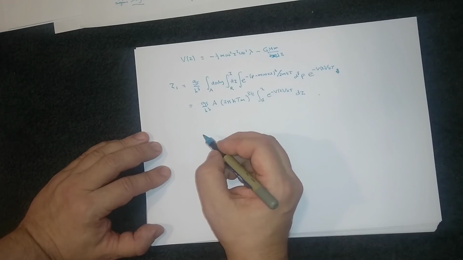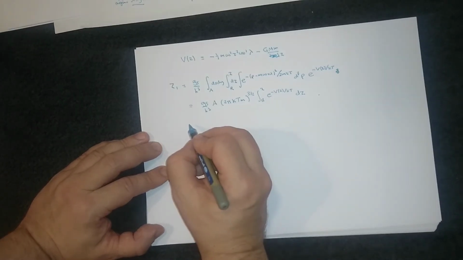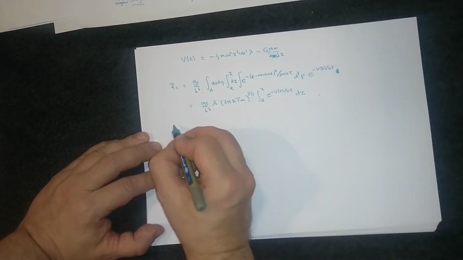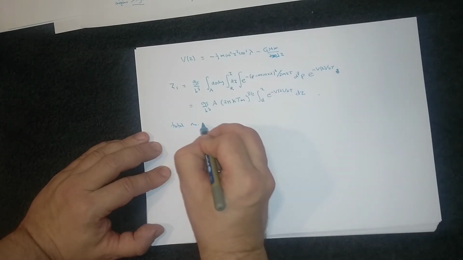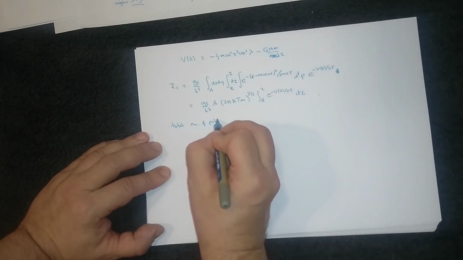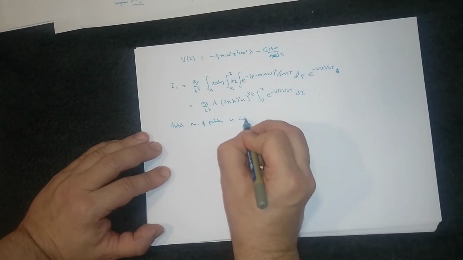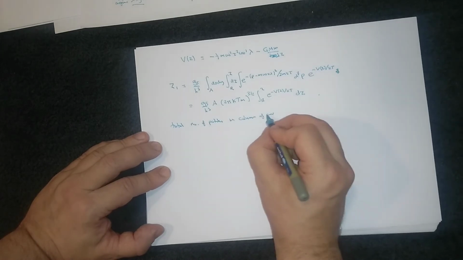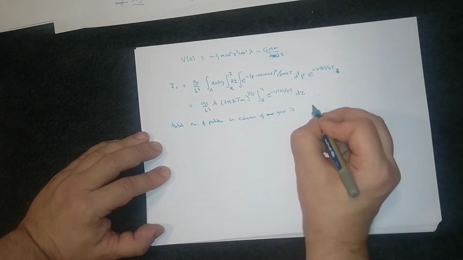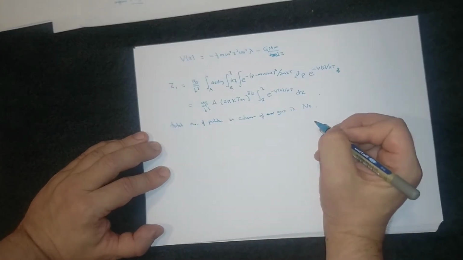Next, compute the total number of particles. Let's suppose the total number of particles in the column of air or gas is N0.